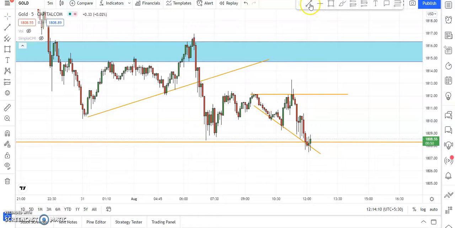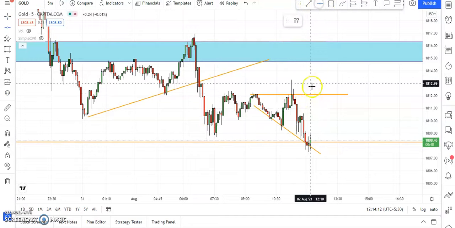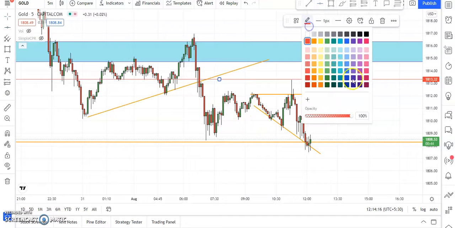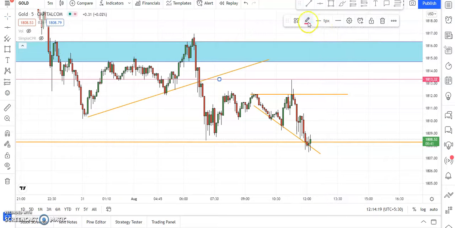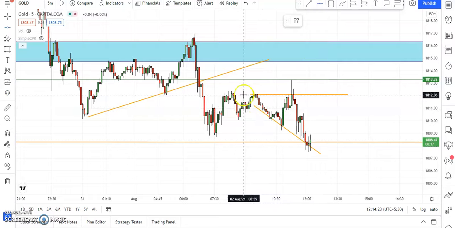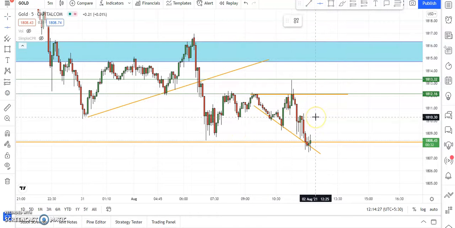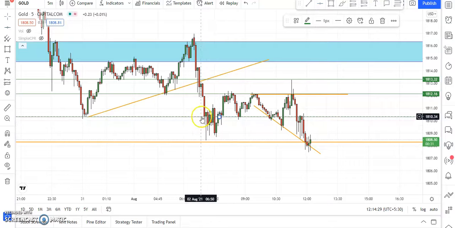So are there any key levels that we should be aware of? This is one of them. Change the color to green. That's good. Then this is one level. Obviously this is one level. Then this is one level.